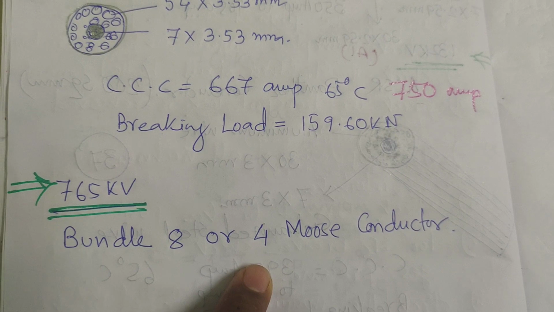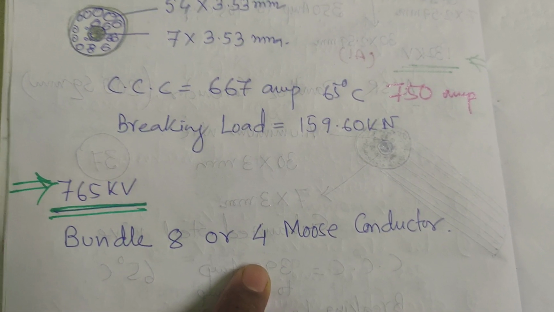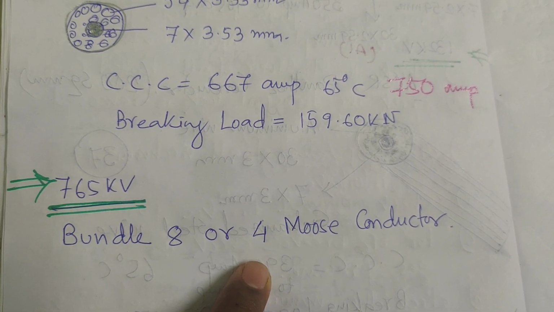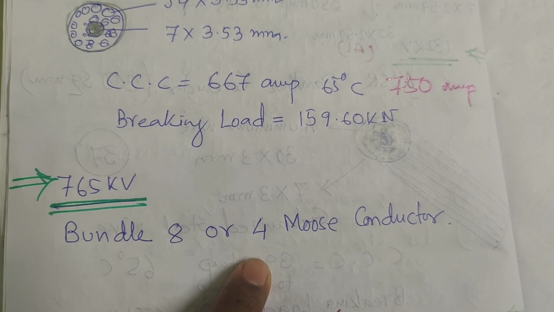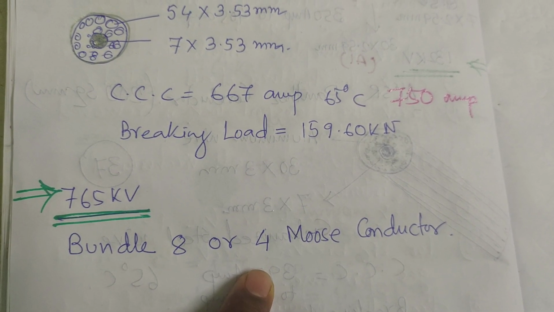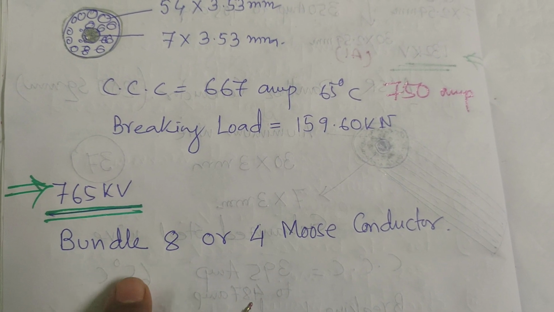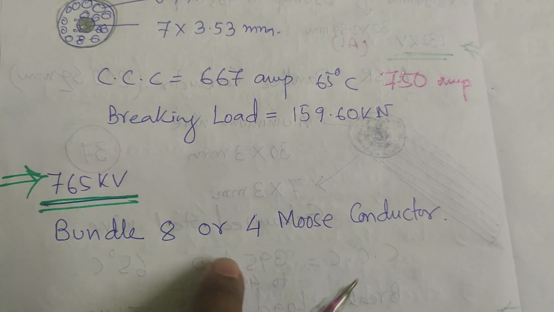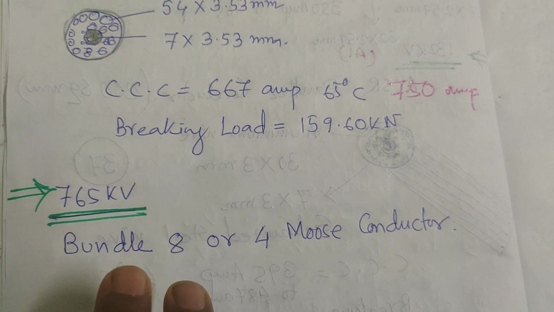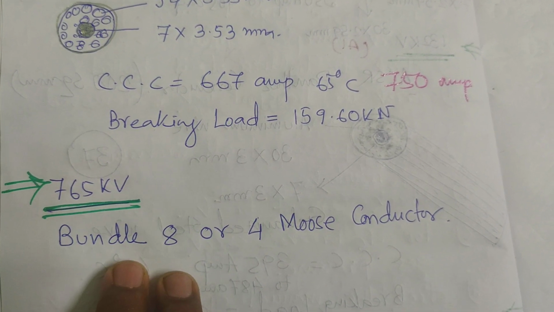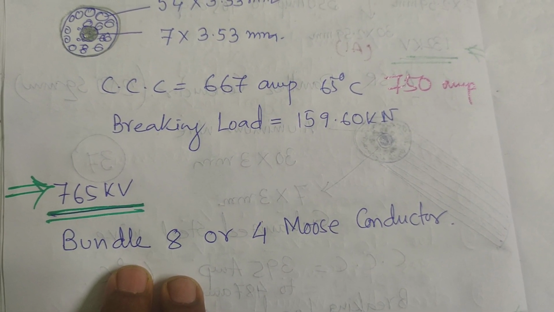We have to modify or update the conductors, and also increase the number of conductors as per the design and strength of the transmission tower, so we can transmit a lot of megawatts from one corridor. So 8 or 4 moose conductor bundles are used for the 765 kV transmission line.